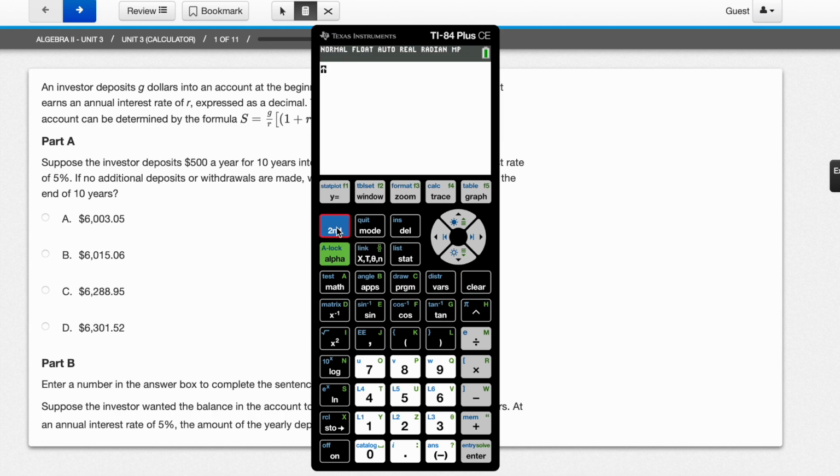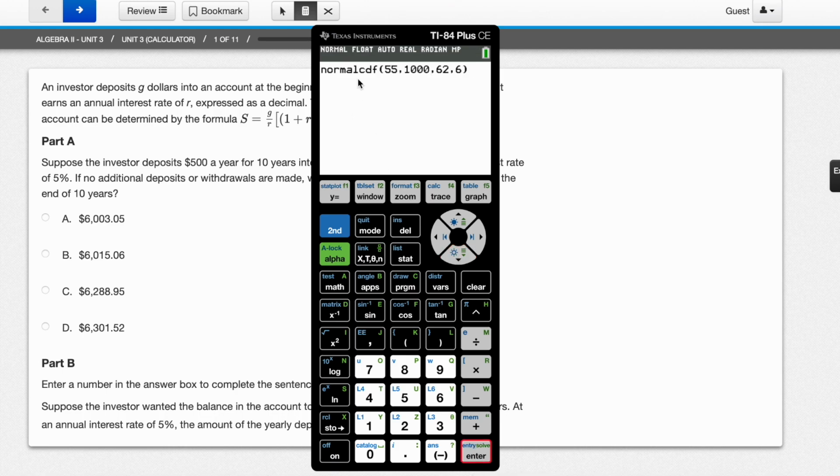So I hit second distribution and I use the second one, normal CDF. My lower bound in this case is 55. Upper bound is a very big number. In this case, I use 1,000, but you can use 10,000 or 10 to the 99. Mean is 62 and standard deviation is 6.